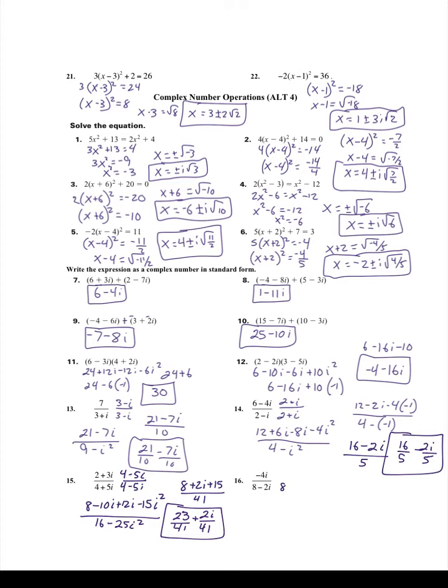For number 16, 8 plus 2i. That gives us negative 32i minus 8i squared. Bottom we get 64 minus 4i squared.